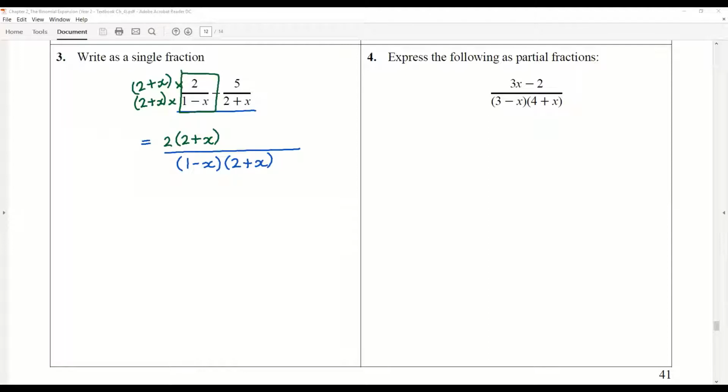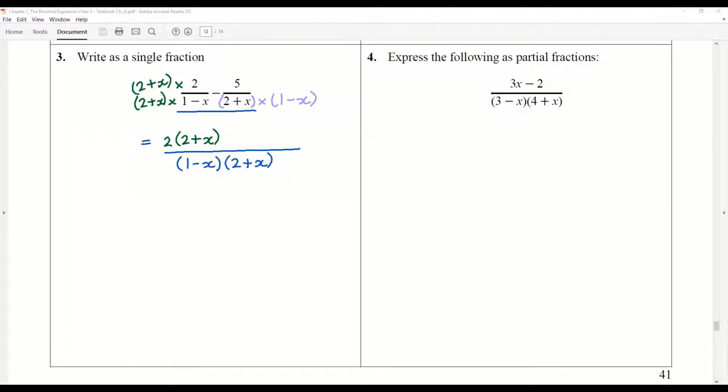Okay, now then, on the right hand side, this time we are looking at 2 plus x in the denominator. My common denominator is, of course, 1 subtract x multiplied by 2 plus x. So I'm missing the factor 1 subtract x here. I have to multiply the 2 plus x by 1 subtract x in order to get this part.